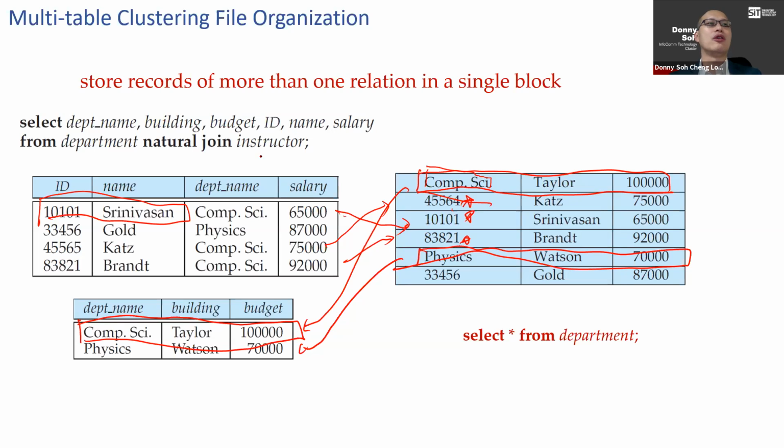If I want to select ID, name, salary, building, budget, everything from department equals computer science, it is probably going to be faster because physically they are all stored together in a single block. So basically, this is how this table is being arranged.